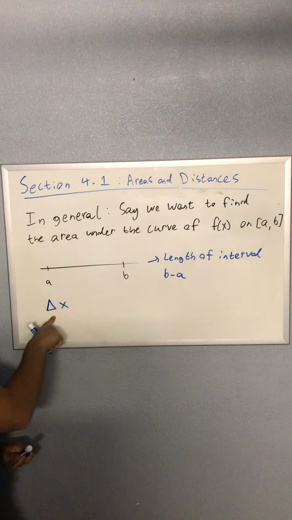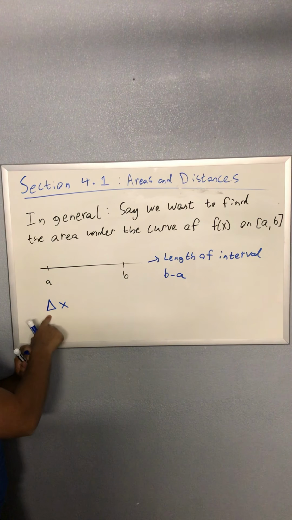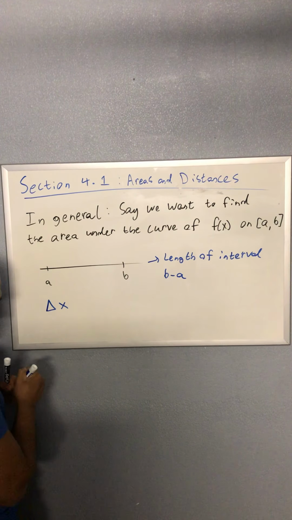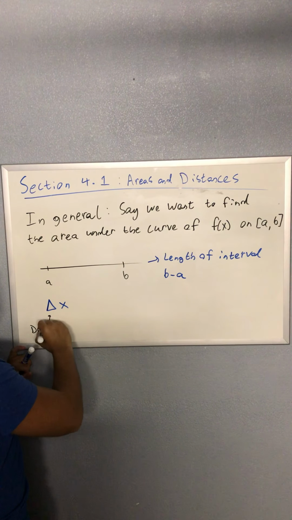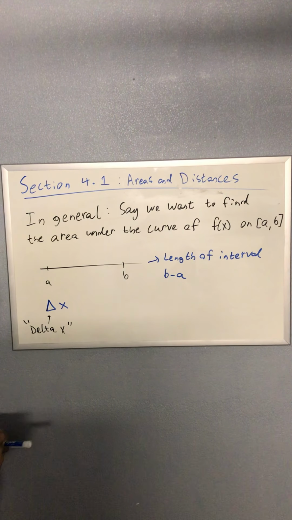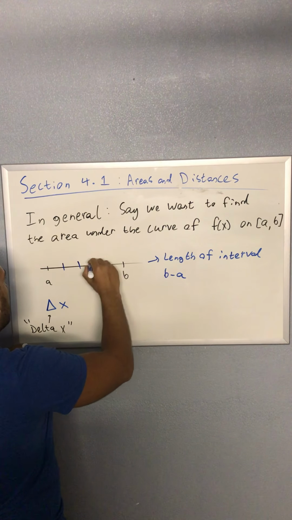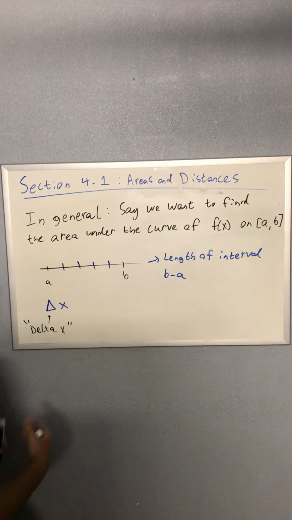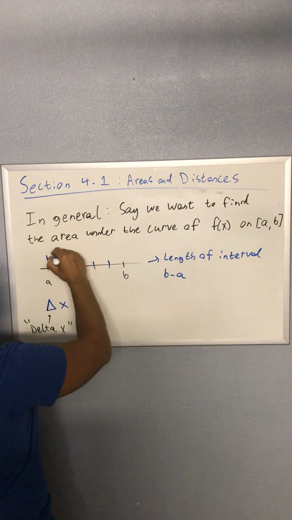This is a capital delta, the Greek letter capital delta. We read it as delta x. If we chop this up into equally spaced pieces, delta x is going to be the width of each of these.